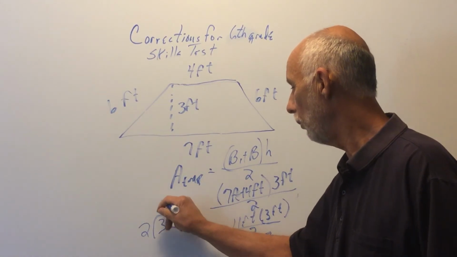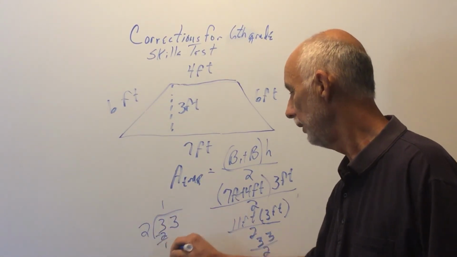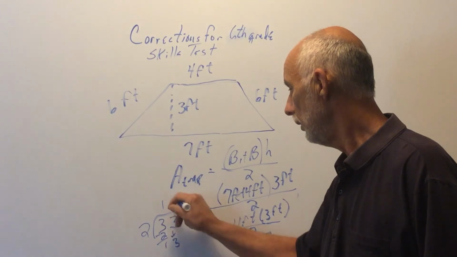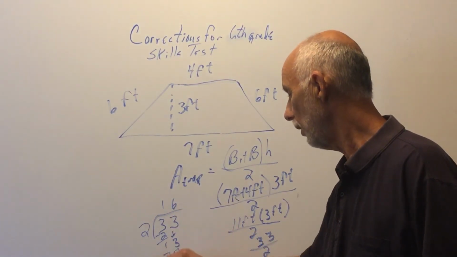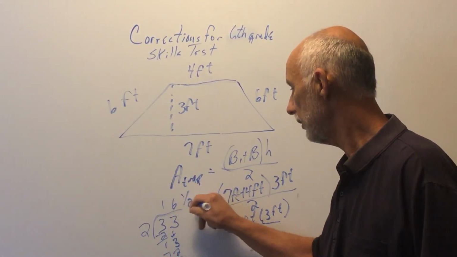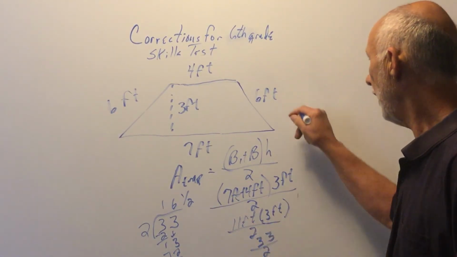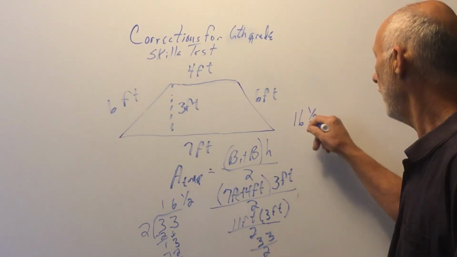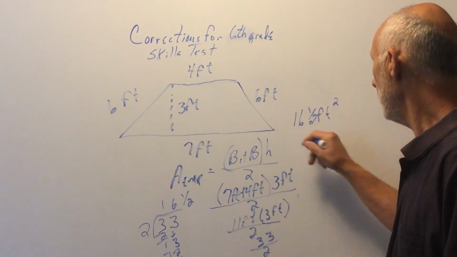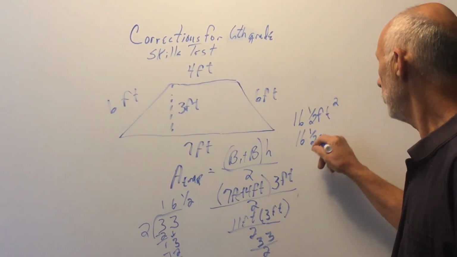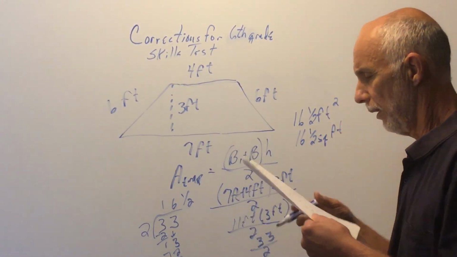It would go 1 time remainder 1, and then it would go 6 times remainder 1, and your answer would be 16 and a half, and that would be 16 and 1/2 feet squared, or 16 and 1/2 square feet.